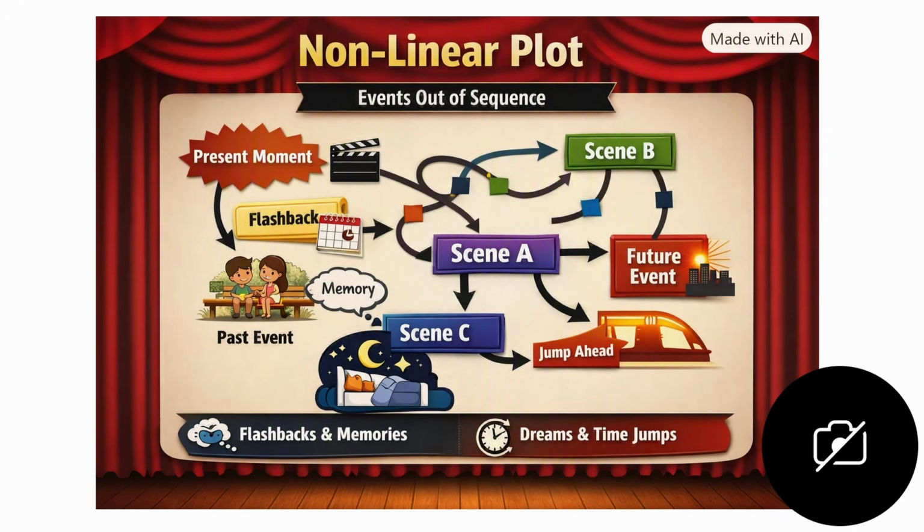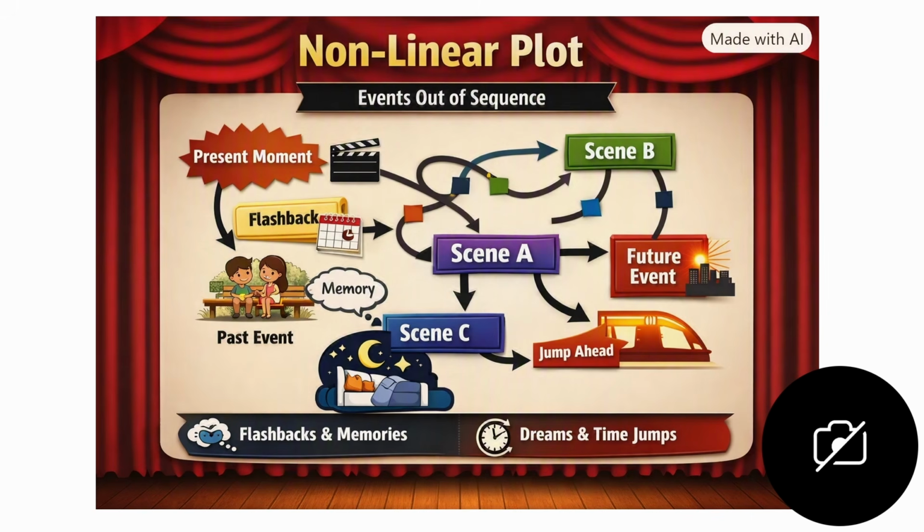In a non-linear plot, there's no specific direction of story. Again, as the audience, we are the ones charged to put them together. So, understand? Linear has one direction, a single storyline.